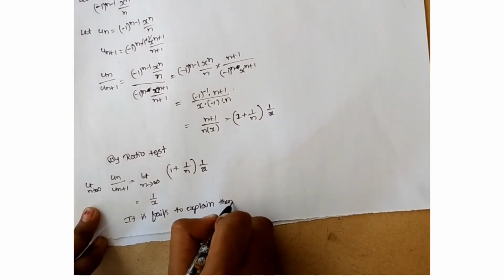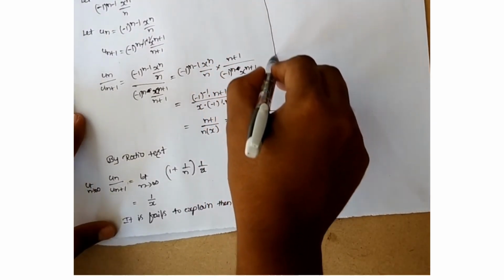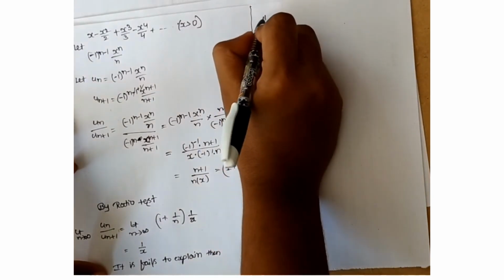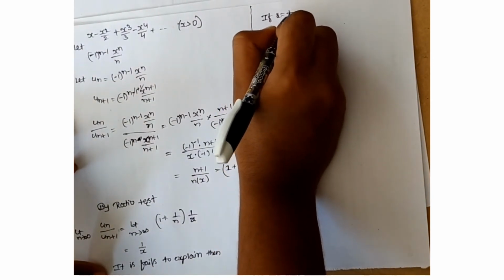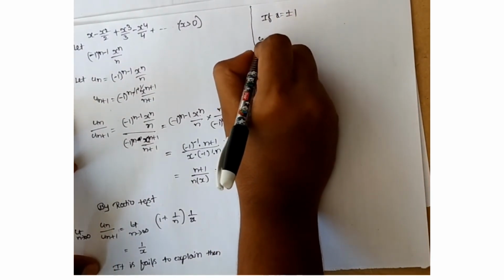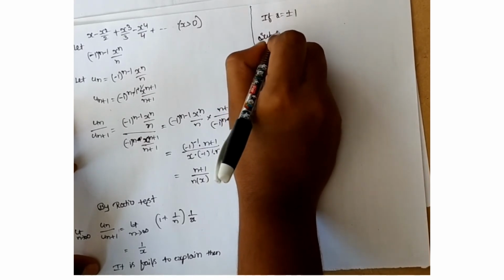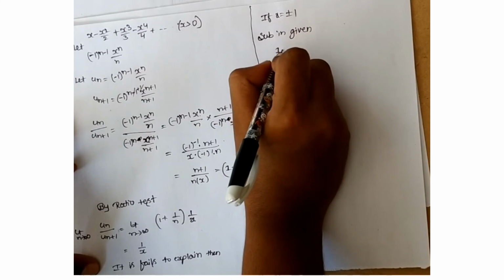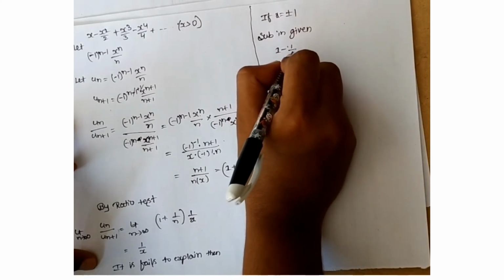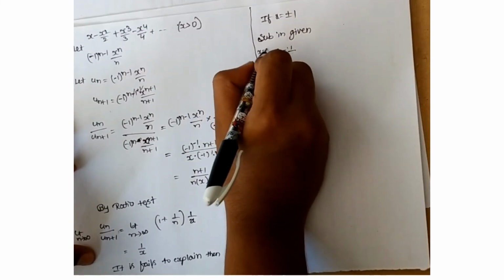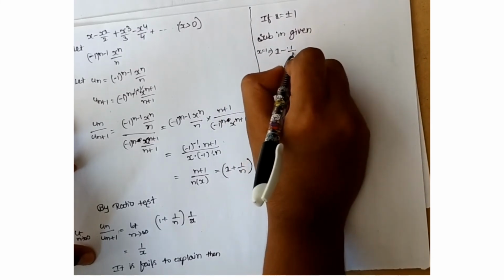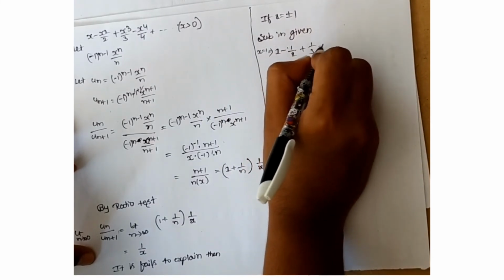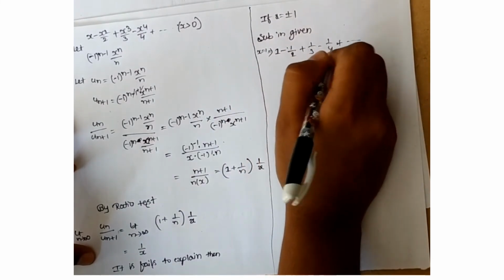Then if x equals plus or minus 1, substitute in the given series. If x equals 1, we get 1 minus 1 by 2 plus 1 by 3 minus 1 by 4 plus and so on.